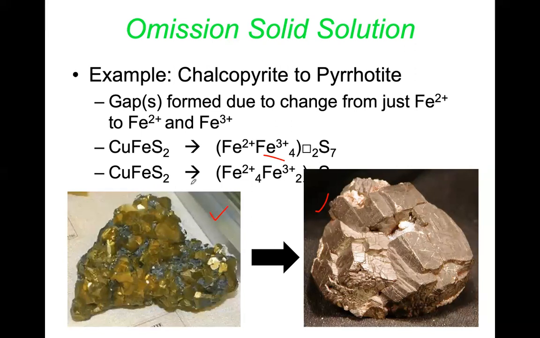Now I think you can understand that towards increasing temperature, solid solution is favored. As soon as you drop the temperature, solid solution is no longer possible. So temperature is a driving factor for solid solution.